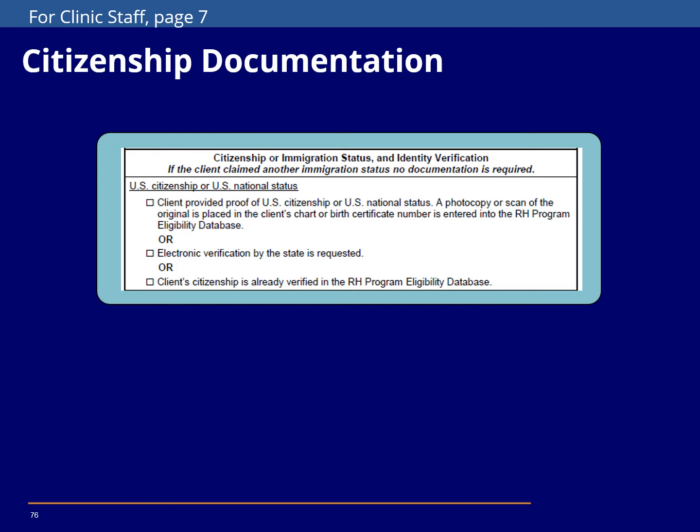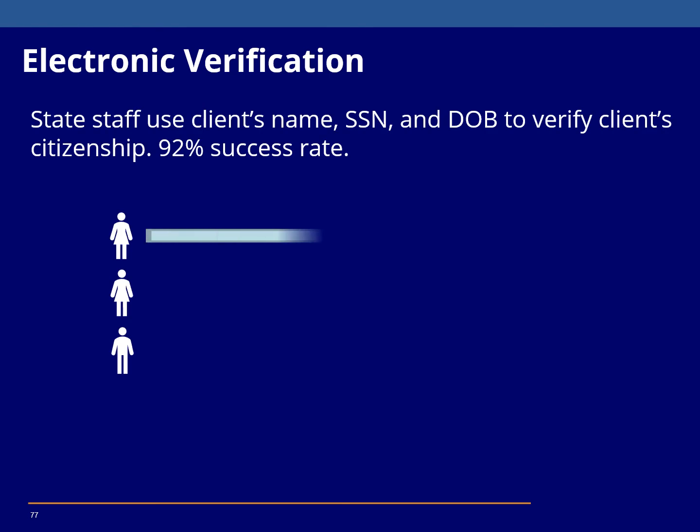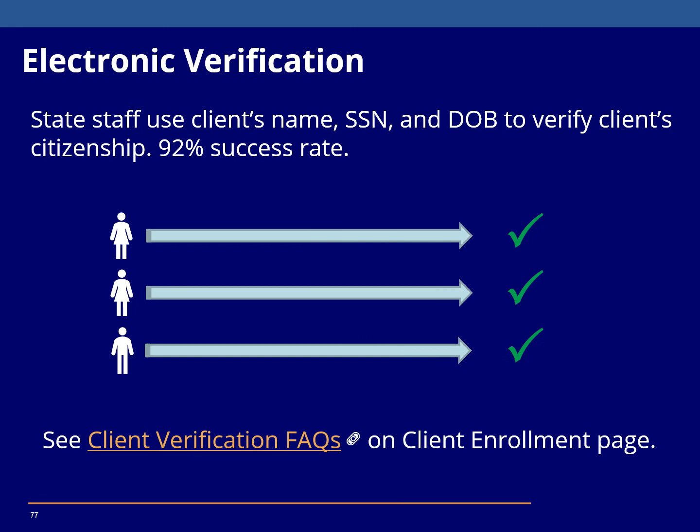The second box is to indicate that the client's citizenship will be verified using an electronic match process. Most client citizenship is verified through an electronic match process. The match process uses clients' names, social security number, and date of birth to verify citizenship, and it has a 92% success rate.